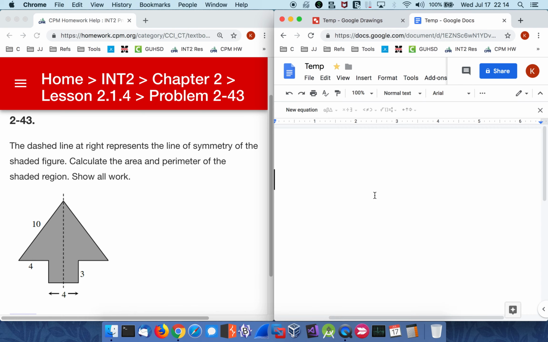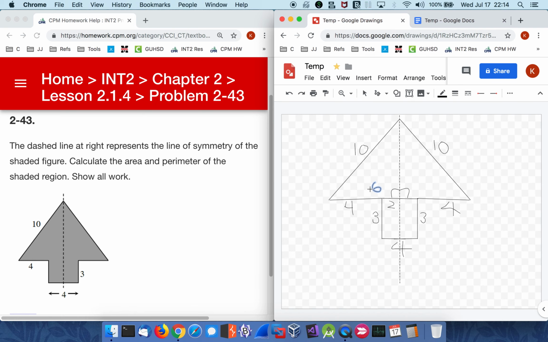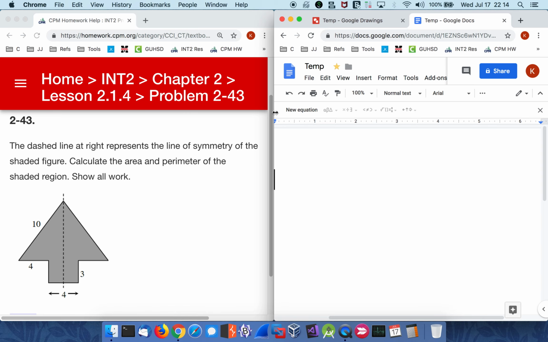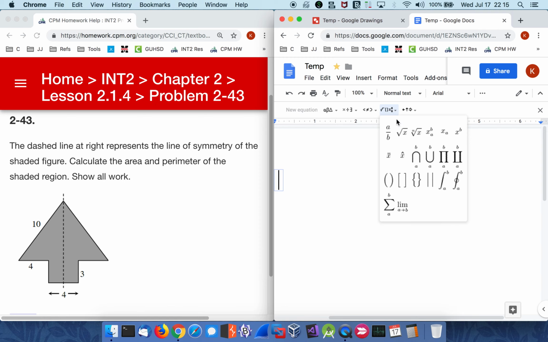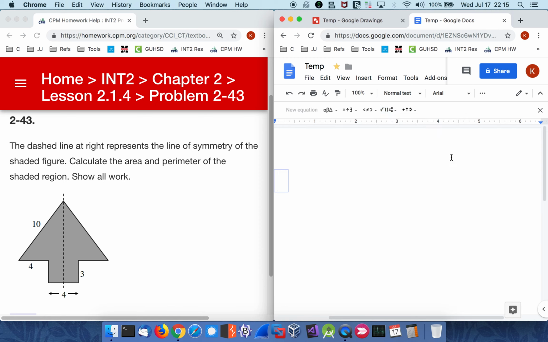If it's a right triangle, then this is side A and this is B, and that could be C. So we know that A squared plus B squared equals C squared.